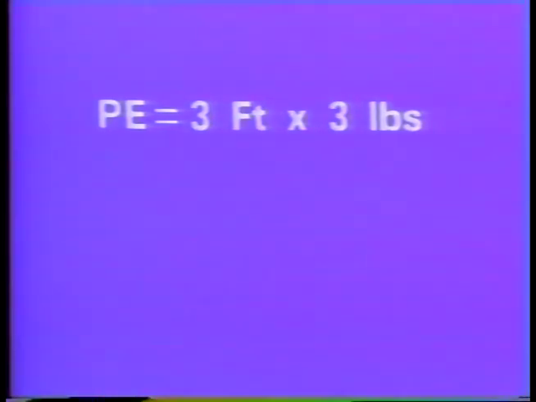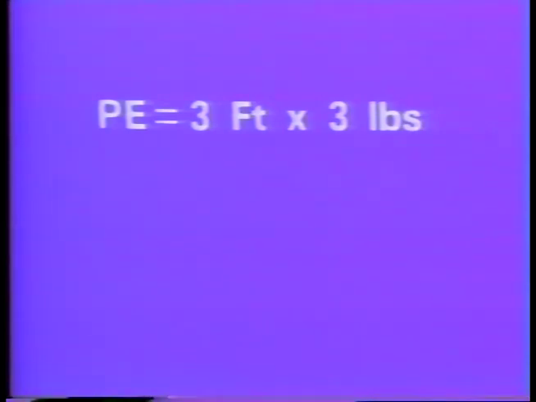We'll use this apparatus to help us explain the conversion of potential energy to kinetic energy. Right now, this block is at rest 3 feet above the surface of the table, and it weighs 3 pounds. Now, using the formula for potential energy, PE is equal to height, 3 feet, times weight, 3 pounds.